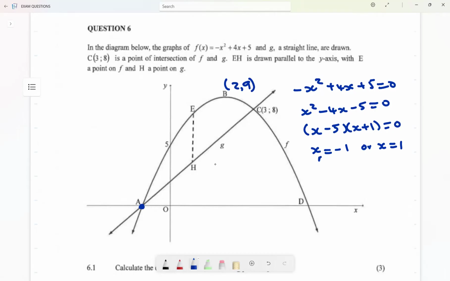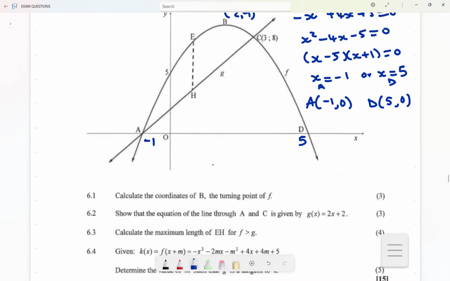This is the x coordinate of A, negative 1, it's here. And then this is 5, the coordinate of D here. But I need the value of y. So the value of y, guys, is 0. So here it is negative 1 and 0 for A. And then for D, it is 5 and 0.